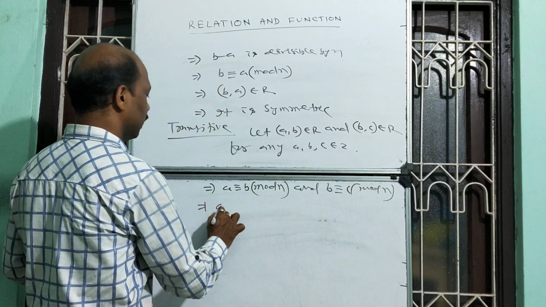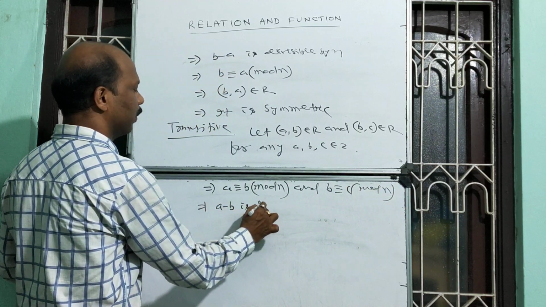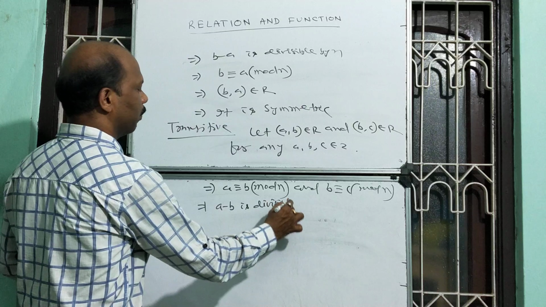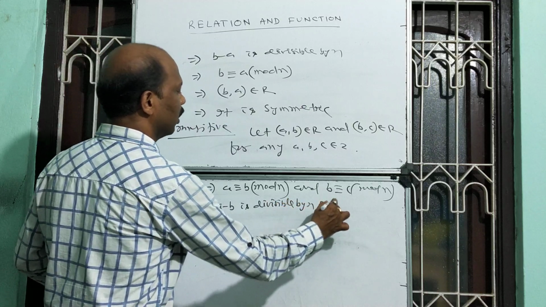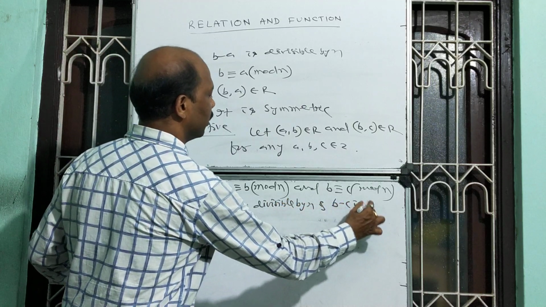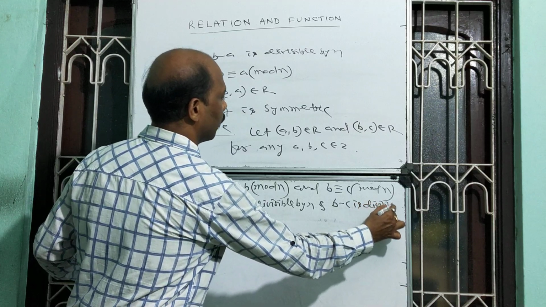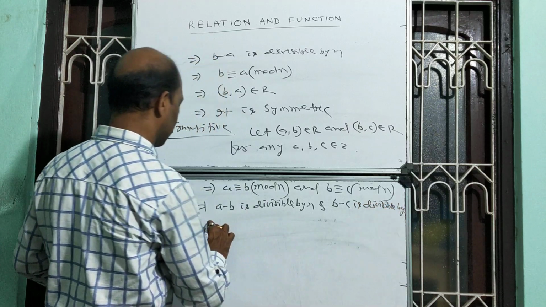That implies a minus b is divisible by n and b minus c is divisible by n.